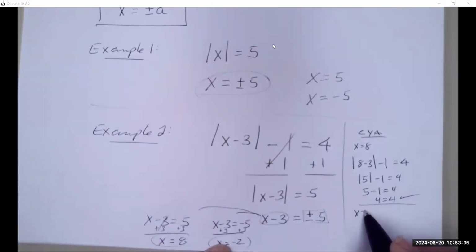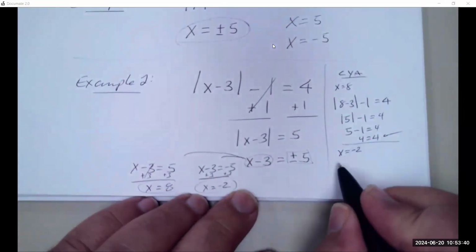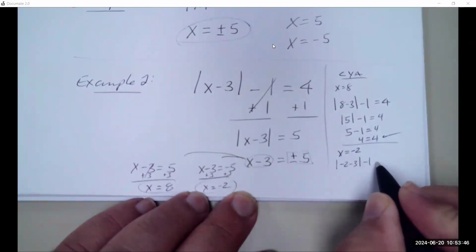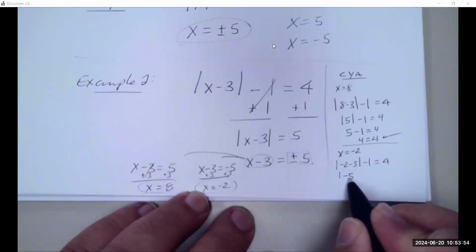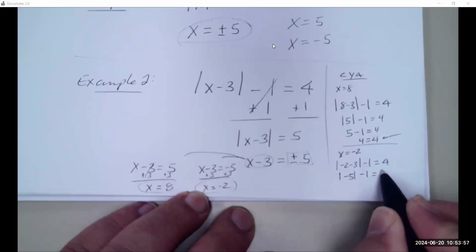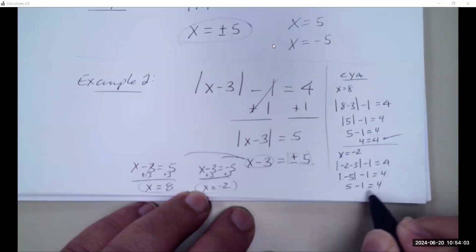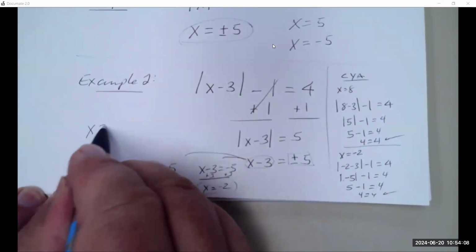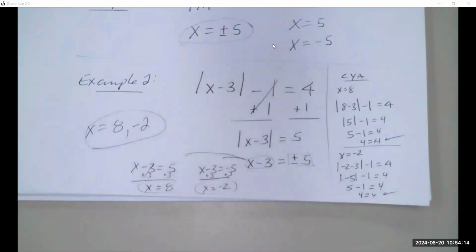Then when x is equal to -2, we get the absolute value of -2 minus 3, minus 1. -2 minus 3 is -5. The absolute value of -5 is 5. Minus 1 is 4. So 4 equals 4. So our answers are both x equals 8 and -2.